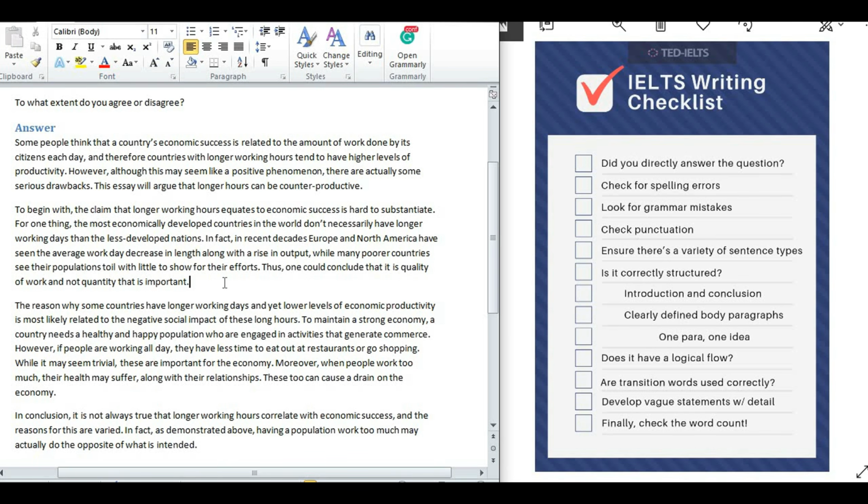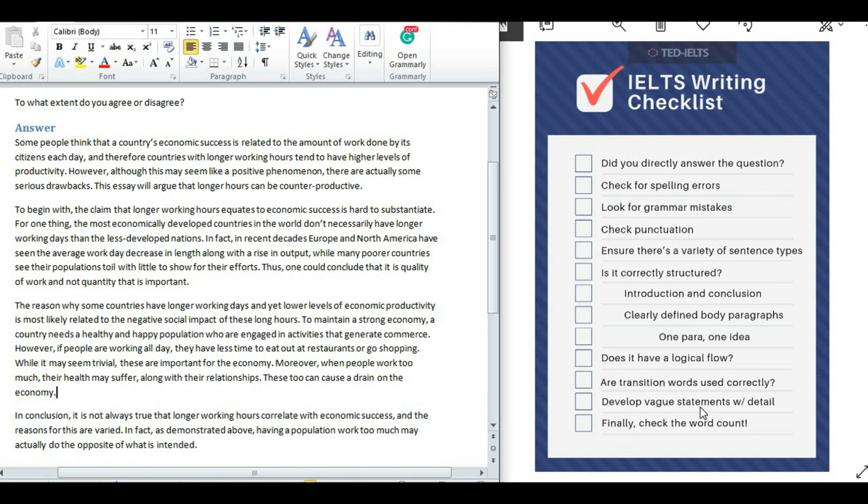A native speaker, professional writer is not going to use a transition word for every sentence. That doesn't look too good, but you should use them to direct your reader. We can use words like however. We can use words or phrases like in conclusion or moreover. These can tell us things and point us in the right direction.